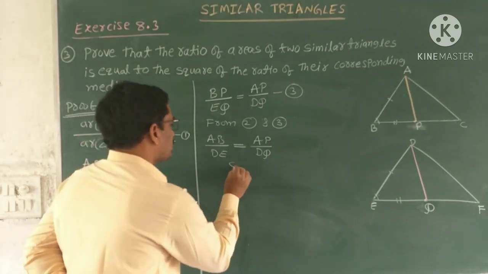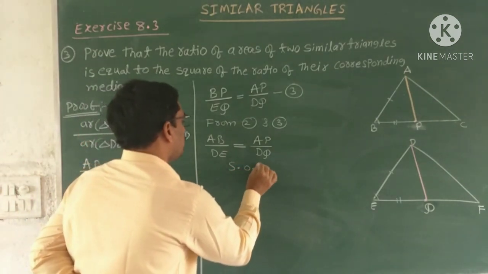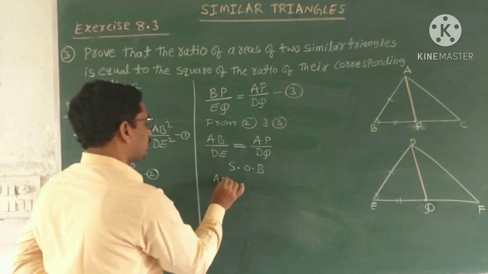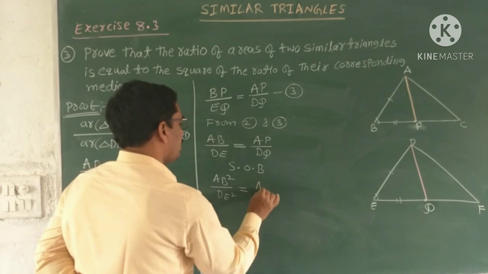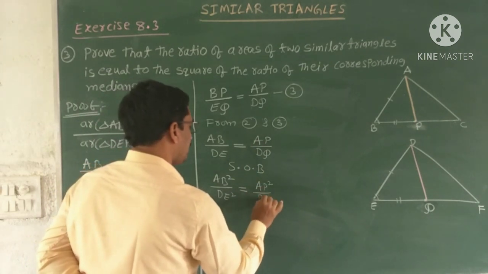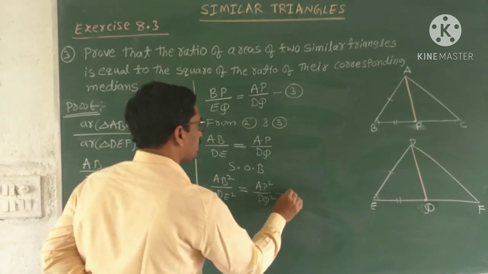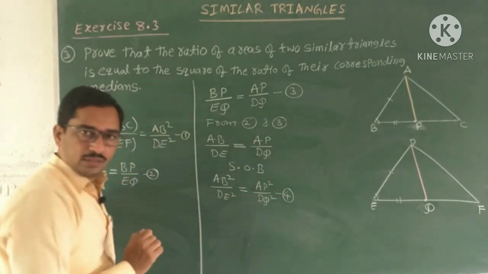Now squaring on both sides, AB square by DE square equal to AP square by DQ square. Say equation number 4.